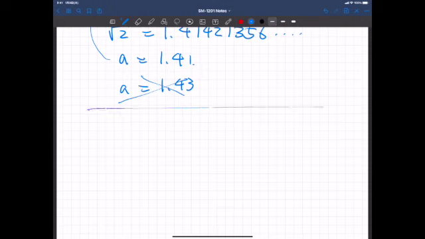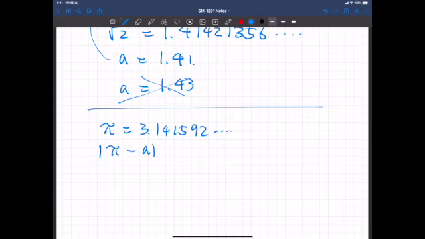Okay, second example, pi, 3.141592 and so on. This is irrational. Now we want to approximate this by some rational number.